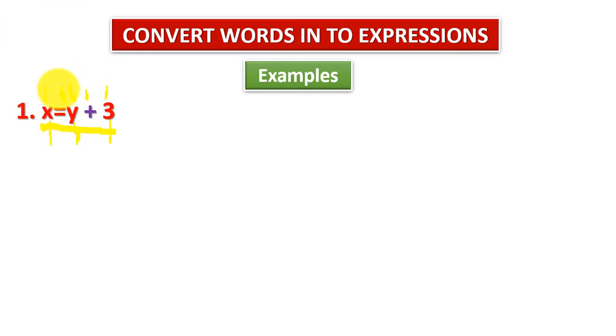This is the LHS and this is the RHS. The LHS is only X, and the RHS is y plus 3. When converting an expression into words, the LHS should be expressed first.